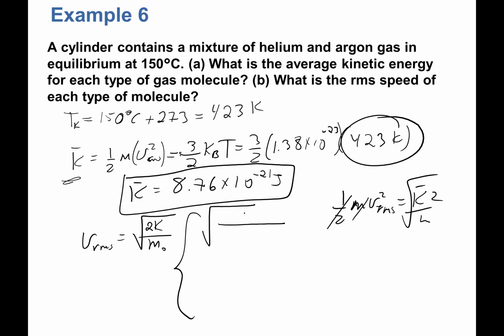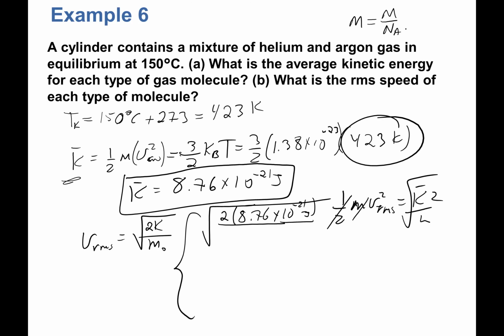Both of them get the same kinetic energy, which is 8.76 times 10 to the negative 21 joules. But the mass is different for argon and helium. For example, one of the things we had here is the mass, which I can calculate by taking the molar mass and dividing by the Avogadro number.